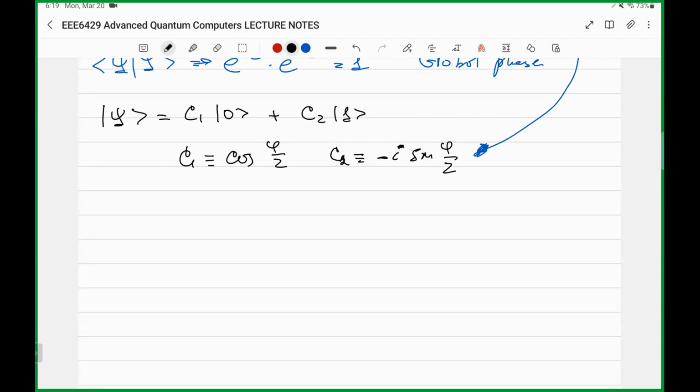So according to Born's rule, the result of the measurement of the qubit is given by the absolute value of the projection coefficient. For example, for C1 modulus square, it is cosine square phi over 2, which can be rewritten as 1/2 times 1 plus cosine phi.